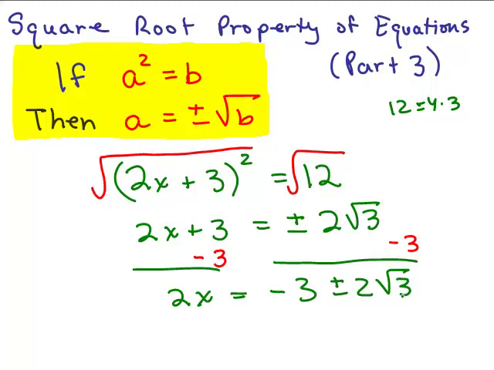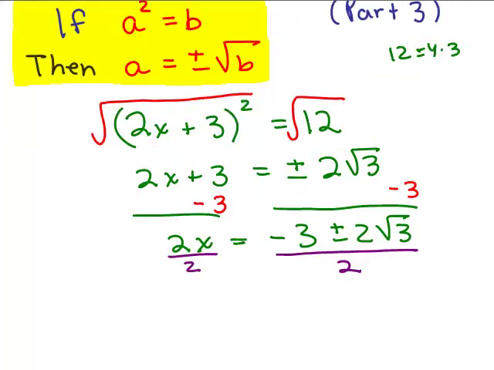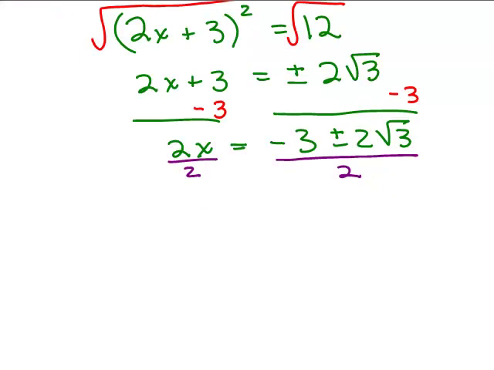And now that tells me what 2x is equal to. I'm going to have to divide the whole side by 2. So my final answer here is going to be x equals negative 3 plus or minus 2 square roots of 3 all over 2. Now remember, that means there's really two solutions.